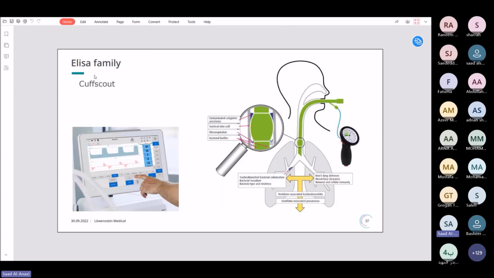Also, we have a new and great feature called cuff control. What is cuff control? As you know, the normal method for inflating the balloon of the endotracheal tube is by a cuff manometer to measure the cuff pressure, or by a syringe.